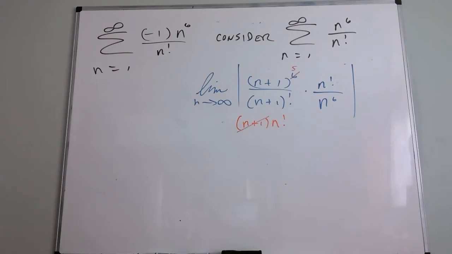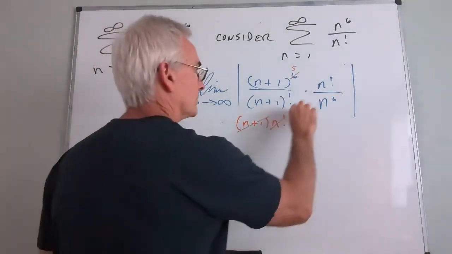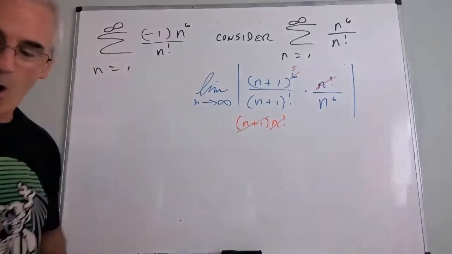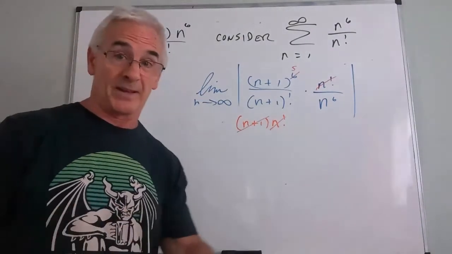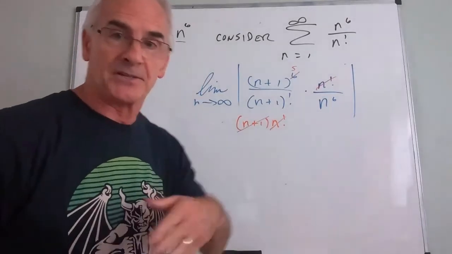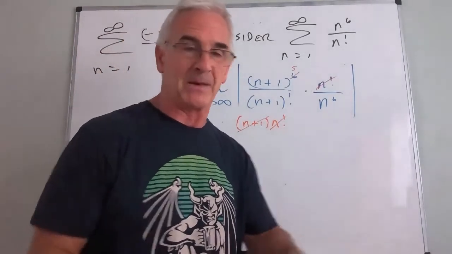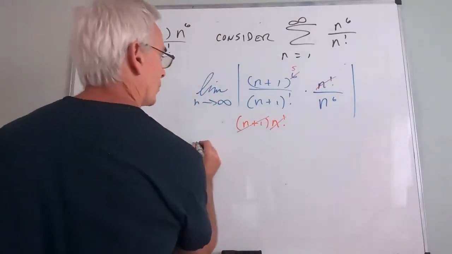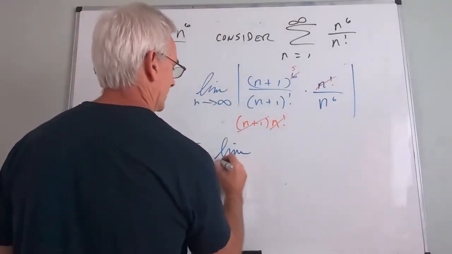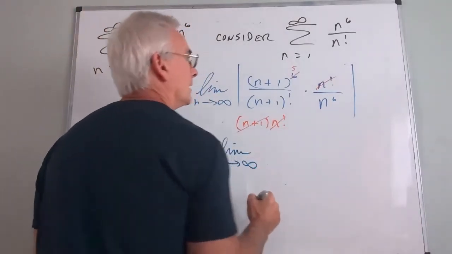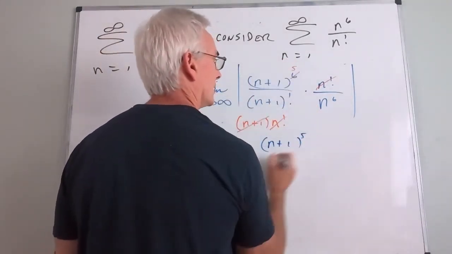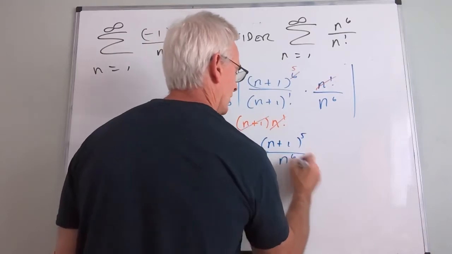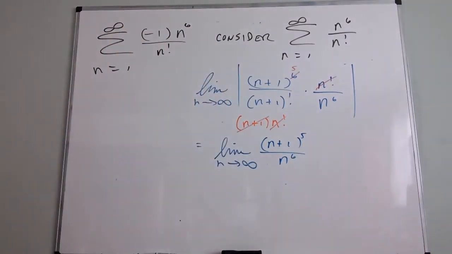All that really matters is that when I write my next limit, I don't have any more factorials. You cannot take the limit of a factorial, so I need to get them out of the picture here. So what do I have left now? I have (n plus 1) to the 5th power on top, and I have n to the 6th power on the bottom. Does everybody agree? Yep.